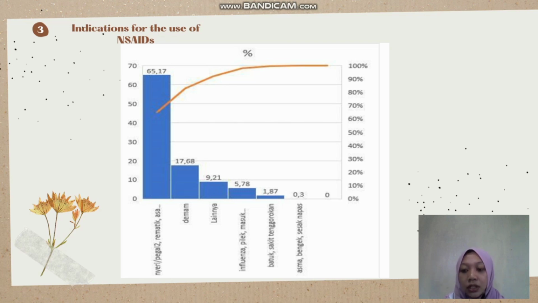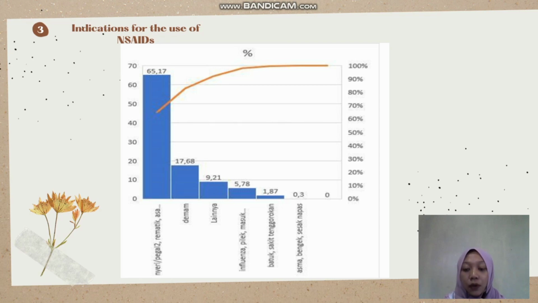Some other complaints include irritation, and use of non-steroid anti-inflammation drugs for treatment of cold and influenza. The use of non-steroid anti-inflammation drugs occurs because of self-medication by the community, as seen from the results of the analysis.